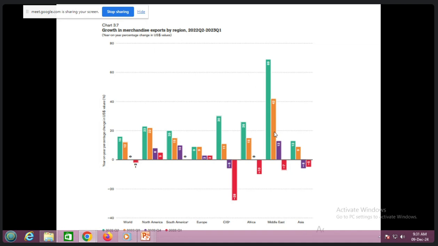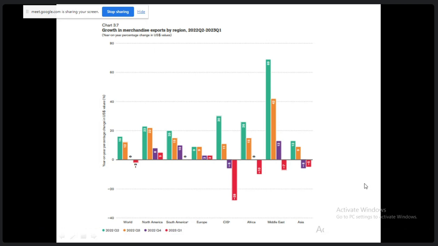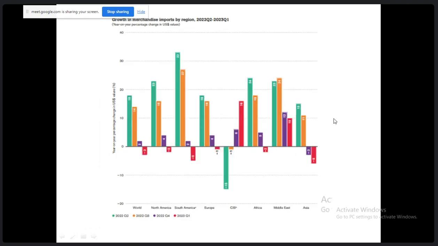So Middle East was showing a very high growth rate, but of course this is the period of the other industrial Commonwealth countries. In case of imports, it is the South American economy that is having very high imports.